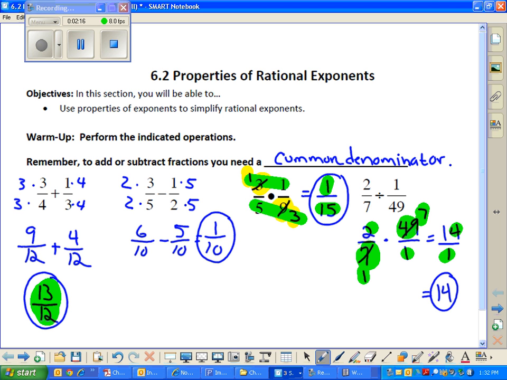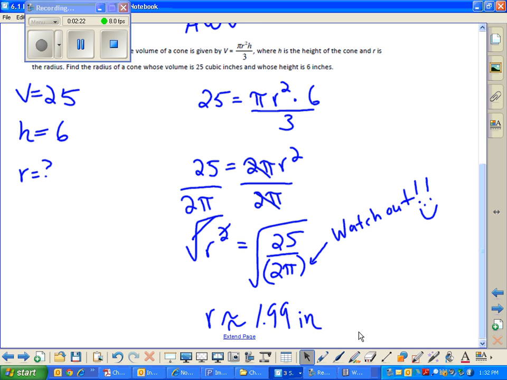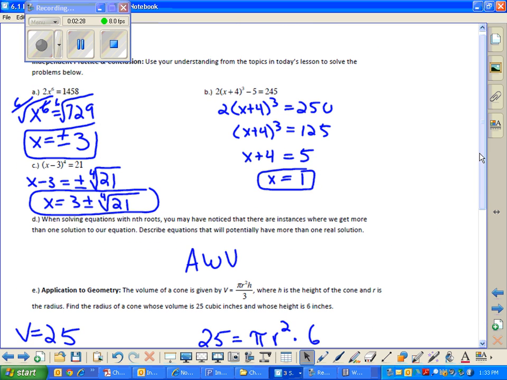Okay, and then I just wanted to make sure that you had your answers correct to the independent practice conclusion questions from the end of our time together yesterday. I saw some of you still needed those answers there. Part D, answers will vary. The answer's not AWV. It's not bad to talk about it right now, though.